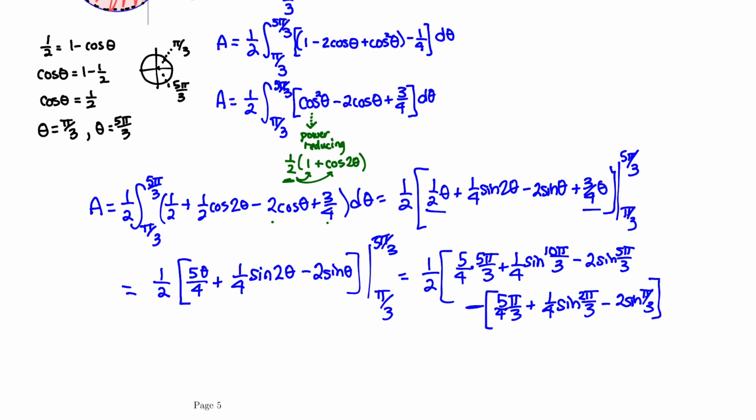Ugh. I know, this one's an icky one. I probably myself would have gone from pi over 3 to pi and double it. That's what I would do. Because then I would get sines of pi in here, which would cancel things out. But that's okay.